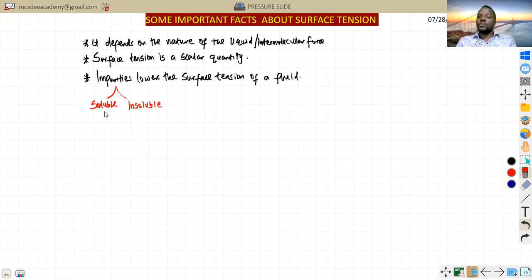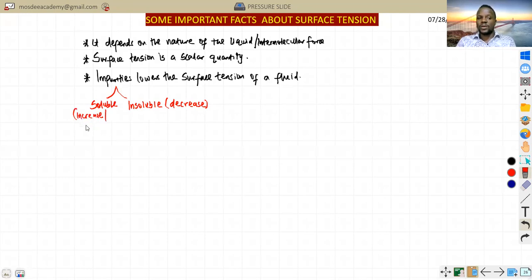You might say the soluble impurity might increase or decrease surface tension. So technicality might come in, whereby insoluble impurity will always decrease. So why are we saying this will always decrease? And this may increase or decrease.